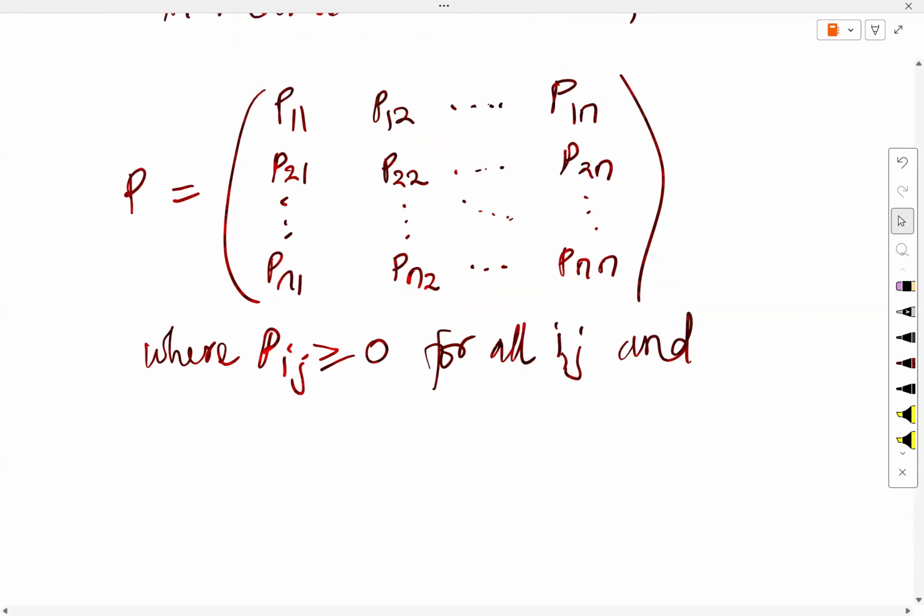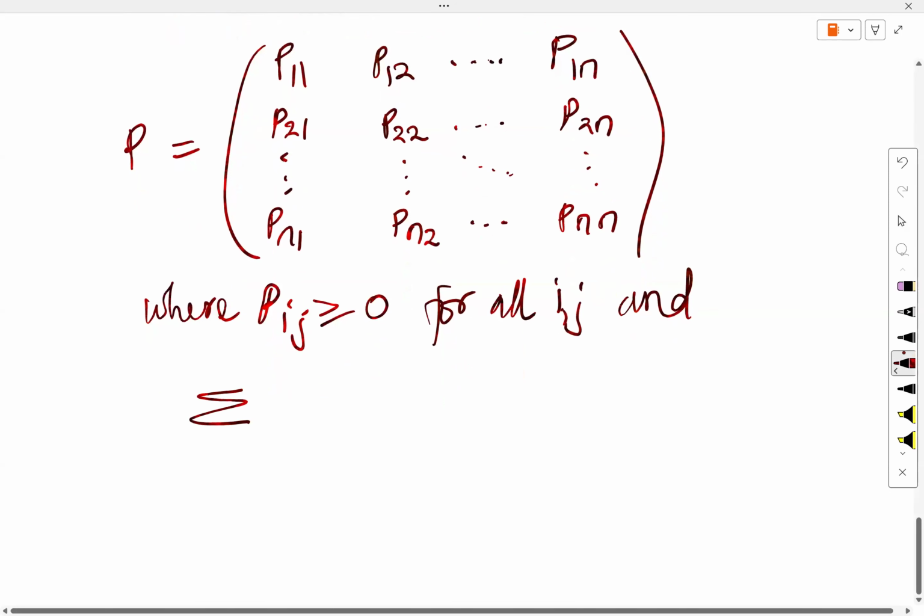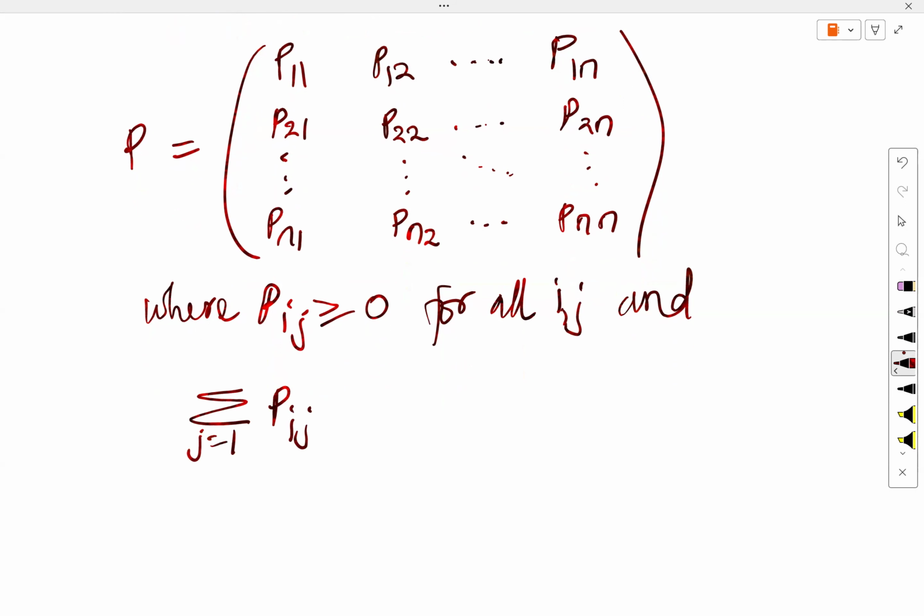And we know that the summation of Pij for j equals 1 to n, this is row and this is column, is always equal to 1 for all i. That's for all rows. So that's basically the idea of the state transition matrix.